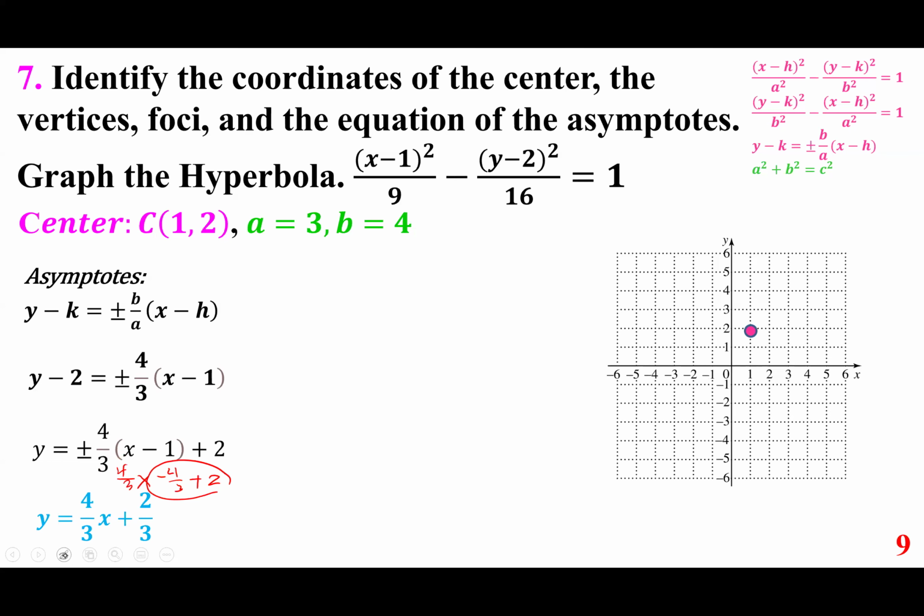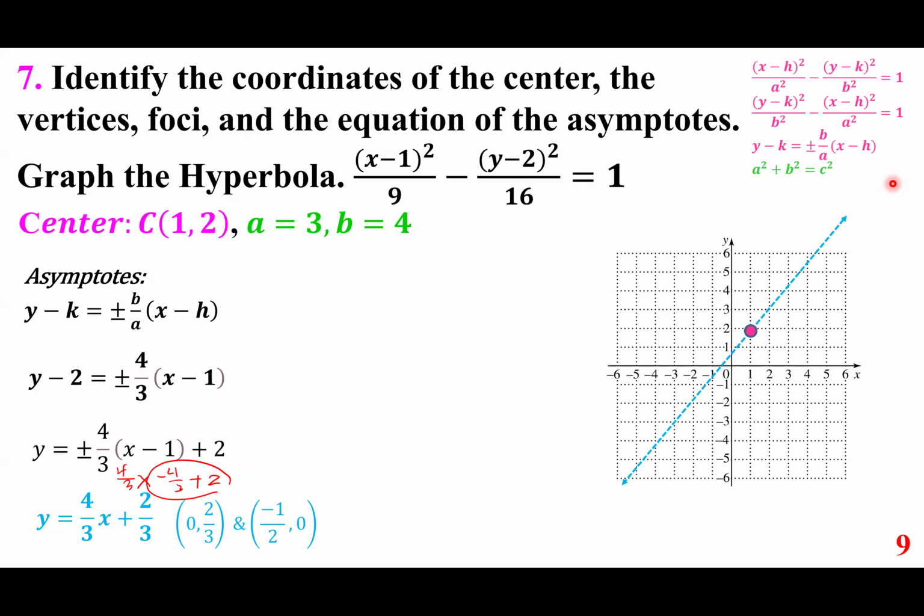Of course, clearly 0, 2/3 is the y-intercept, and if you set y equal to 0, x must be negative 1/2. So those are the pairs. And you can see the graph. By the way, this is the center 1, comma 2, okay?